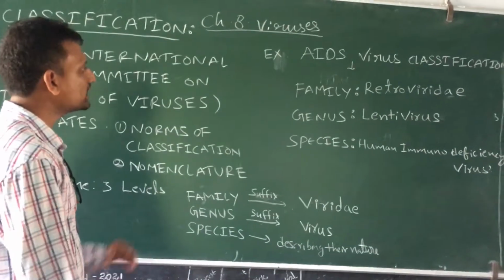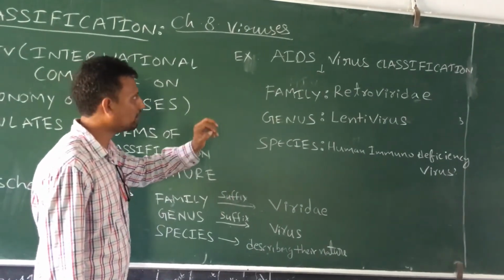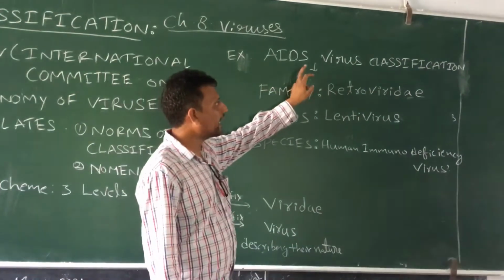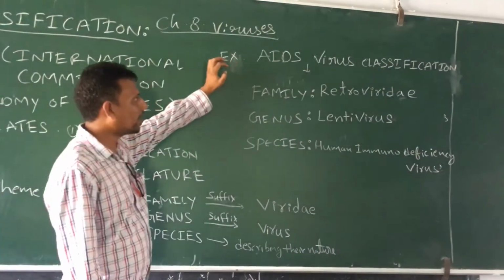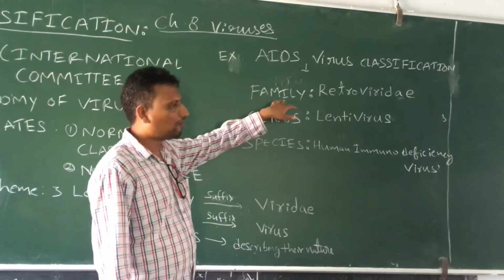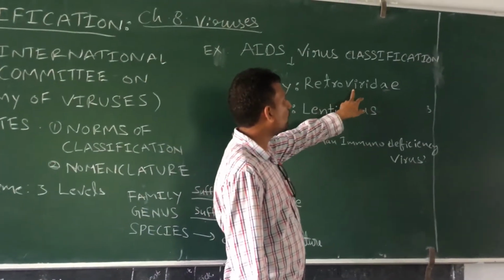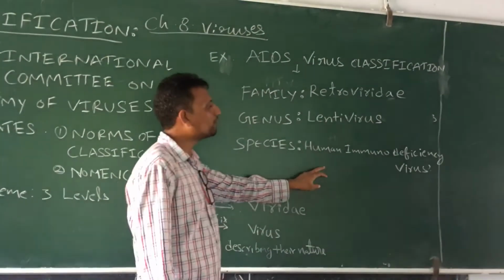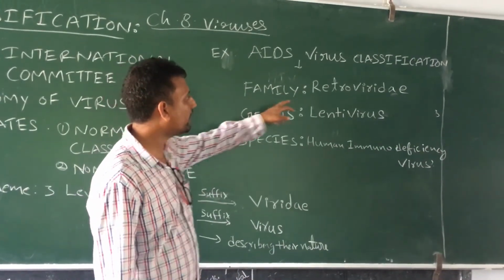Let us take one example to understand this classification: AIDS virus classification. The family of the virus which causes AIDS is Retroviridae. Which virus causes AIDS? Human immunodeficiency virus, HIV. HIV belongs to which family?